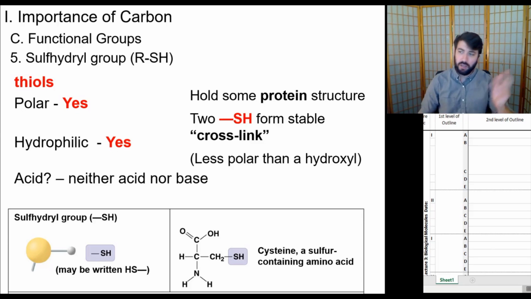Really quick, thiols are also polar and hydrophilic, as you can see. So you form the cross bridges. Cool, covered that. Fun facts about thiols: they're often associated with really strong, nasty odors. For example, skunk spray has a lot of thiols in it.